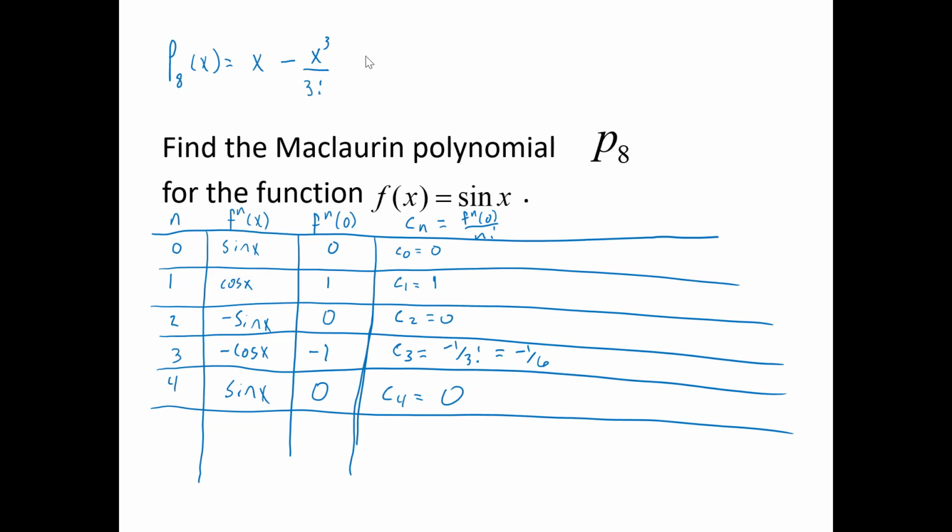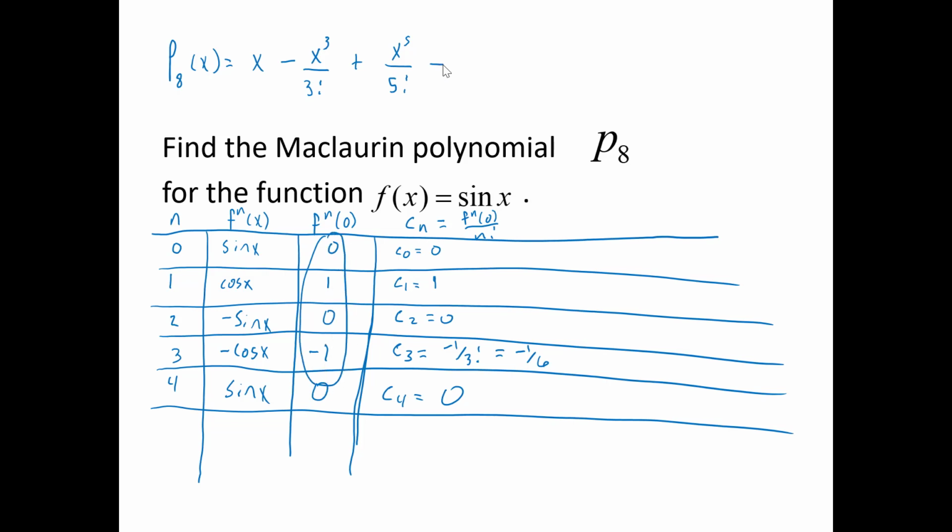And then C4 is 0, but then C5 is going to be 1, and so then it's the coefficient of x to the fifth divided by 5 factorial. C6 will then be 0, because that's the pattern you should notice here. There's 0, 1, 0. Right?